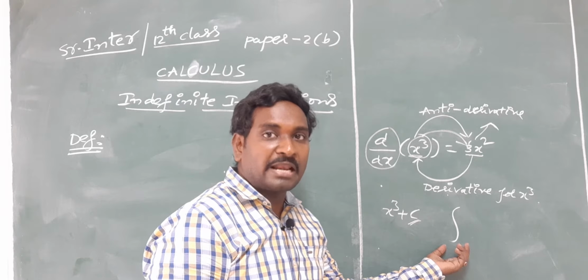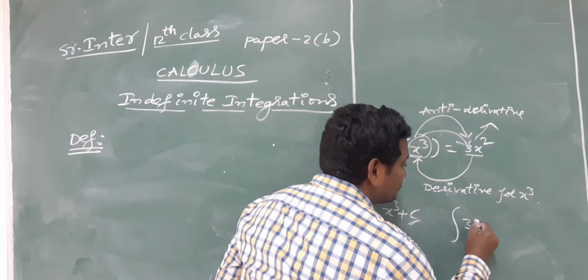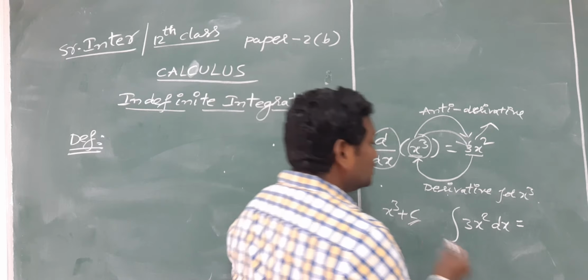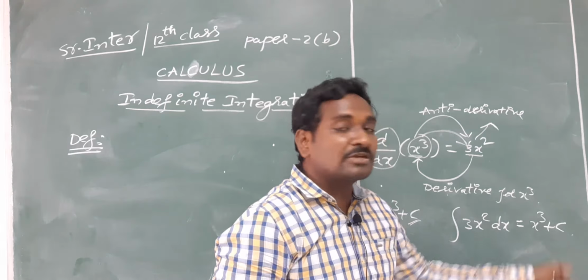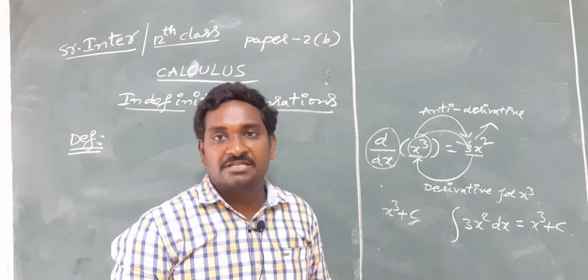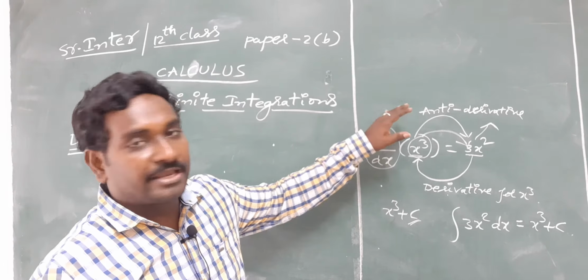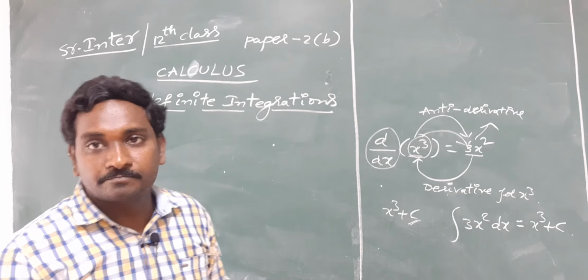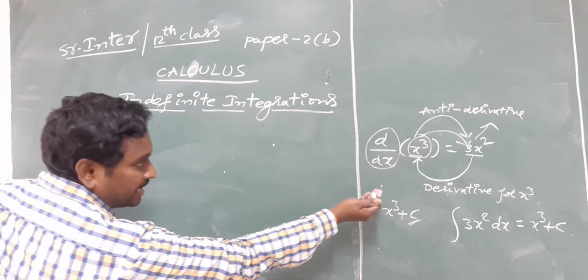Integration of 3x square is equal to x cube plus c. Here c is called the constant of integration, which is also known as a parameter. In this way we can define integration. This is an example.